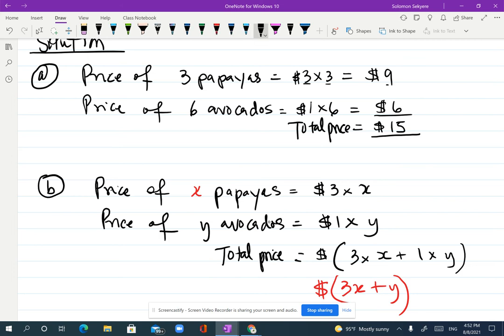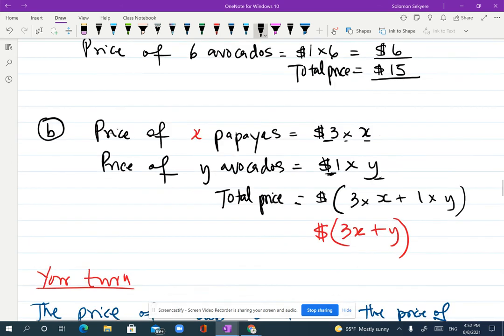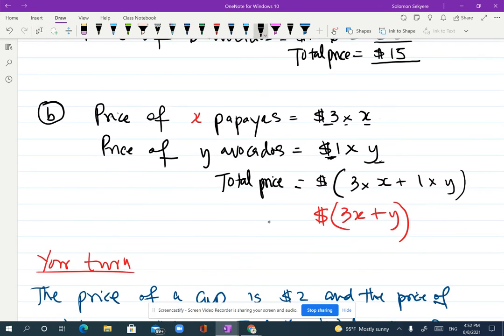So price of X papayas will be the dollar, $3 times X amount. This is the amount. Price of Y avocados will be $1 times the amount. So the total price is 3 times X plus 1 times Y. Remember, 1 times 2 equals 2. 1 times 3 equals 3. 1 times Y equals Y. So we don't write 1Y.